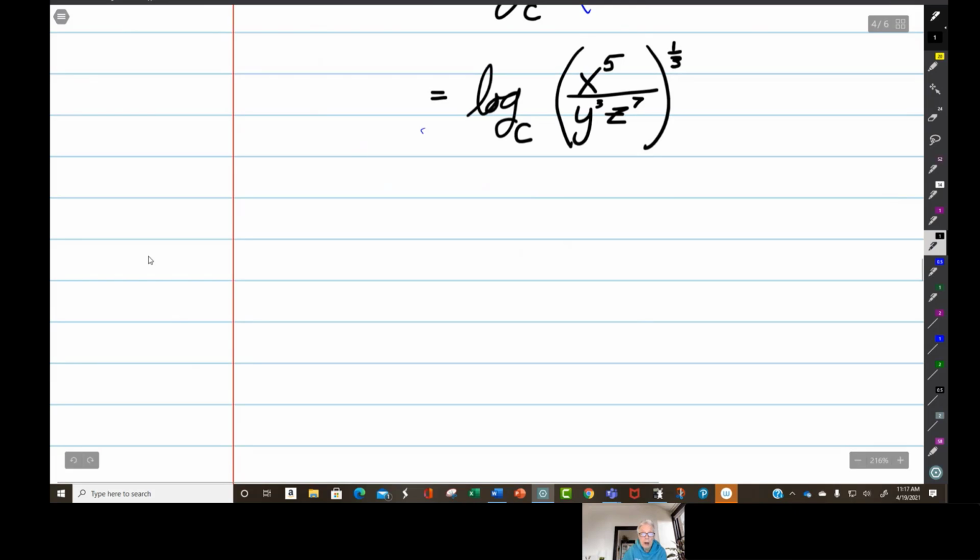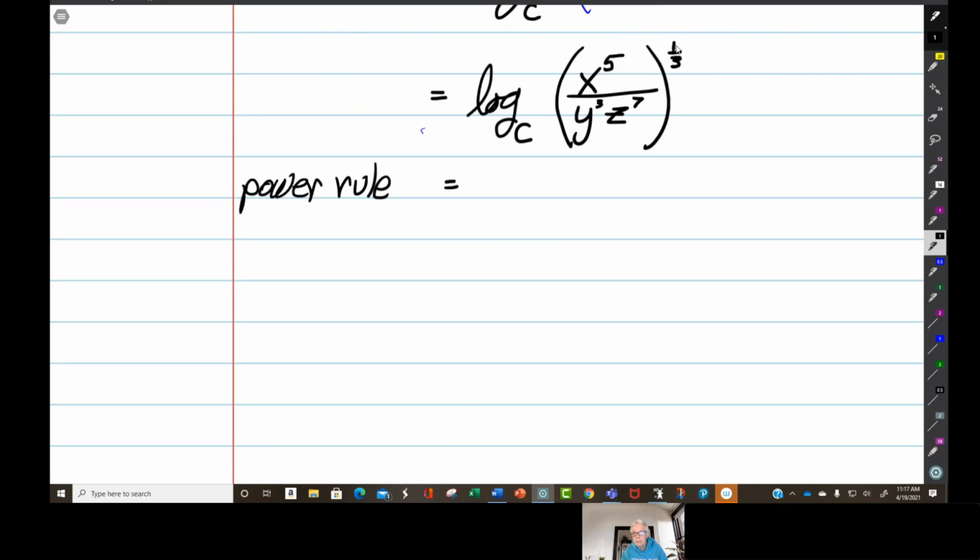Now I'm going to use the power rule. And this equal sign just refers to, well, this should equal the step above it.